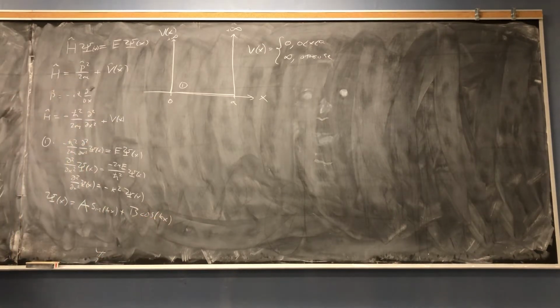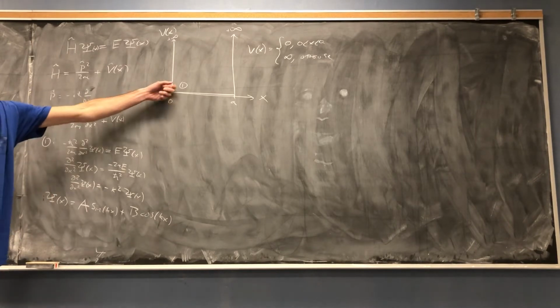And you can verify that if you take two derivatives of this function, you'll get the same thing back, but with the coefficient of minus k squared out front, right? Because with two derivatives, each time I get a k out, and a minus as well. So this is our wave function, the general solution to the middle region.